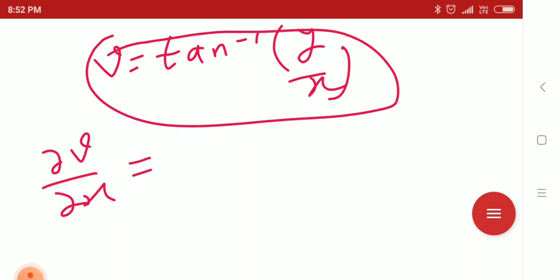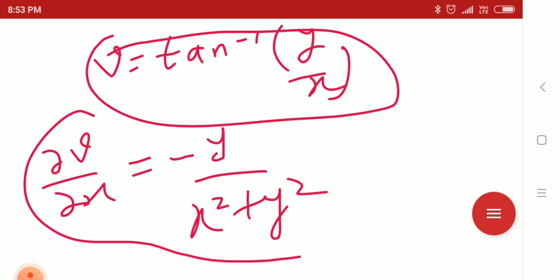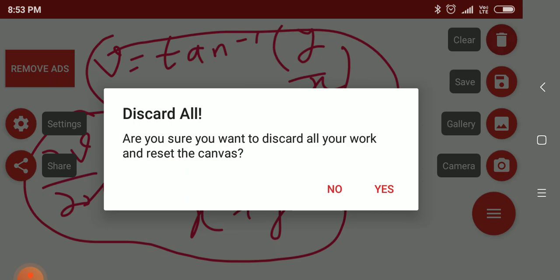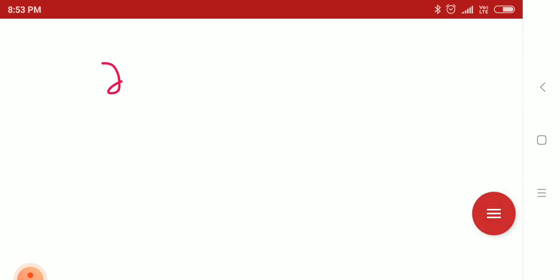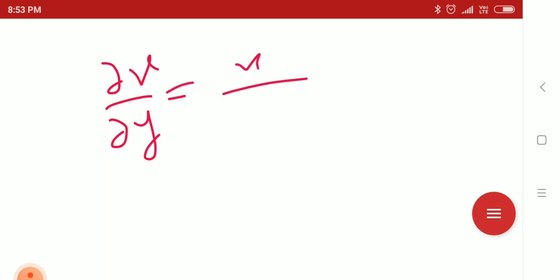After differentiating with respect to x, what will you get? Del v by del x equals minus y by x square plus y square. I hope you can do this differentiation. Differentiating v with respect to y, del v by del y, you will get x by x square plus y square.